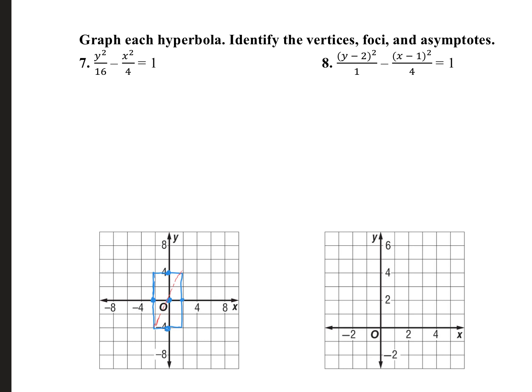The slope is 2, so I'm going to try to stay on the path with a slope of 2. And then the slope for the other asymptote is negative 2. Try to draw diagonals that go through the corners of the box and continue with that same slope.